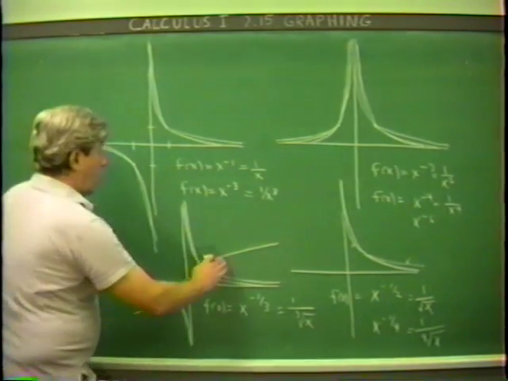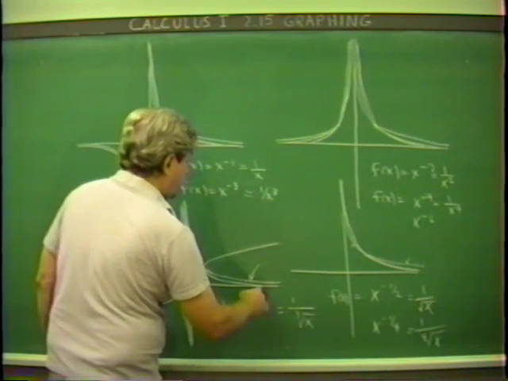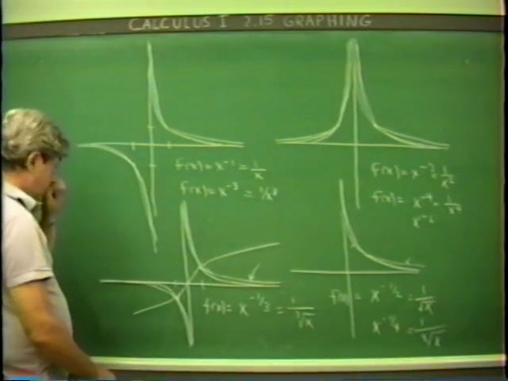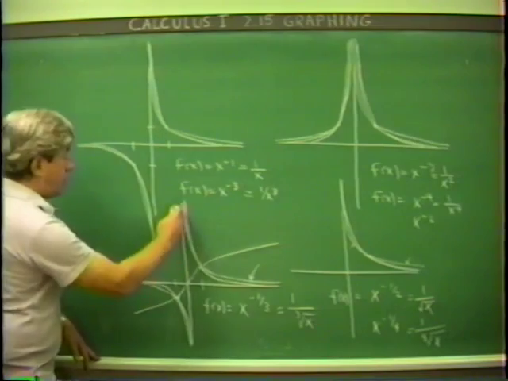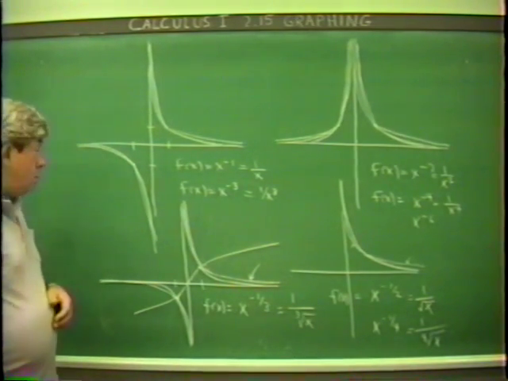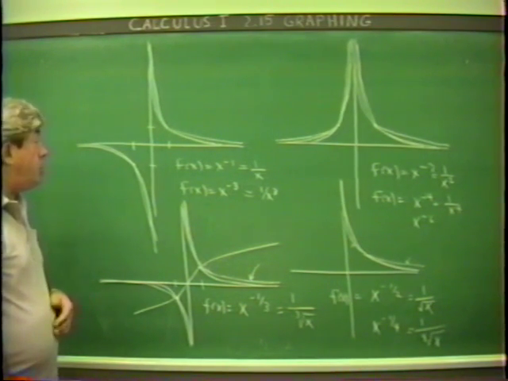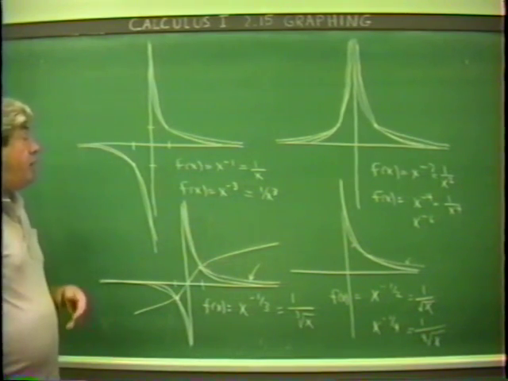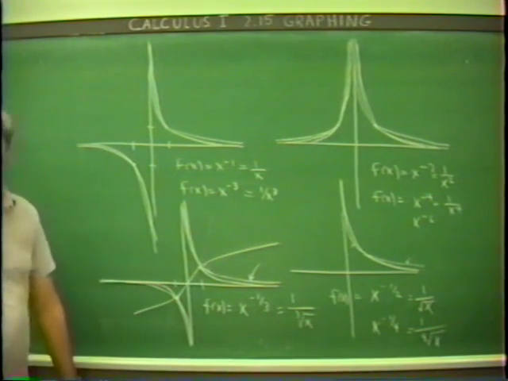So 1 over the cube root of x, 1 over the fifth root of x, and the other odd roots of x, the reciprocals of them, are going to have similar graphs like this. These powers of x are functions which are readily graphed by just analyzing what happens where the function is getting larger and where it's getting smaller and where it's not defined.